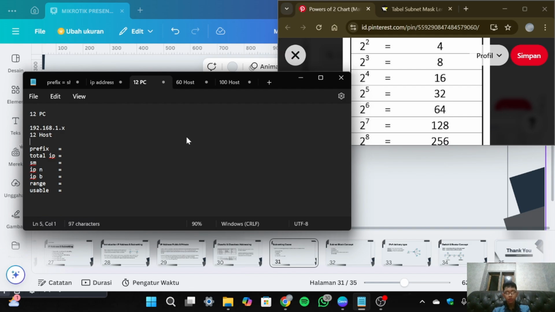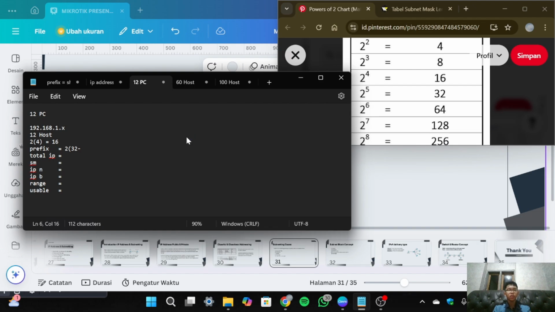To calculate the prefix, the IP address has 4 octets, and in 1 octet there are 8 bits.